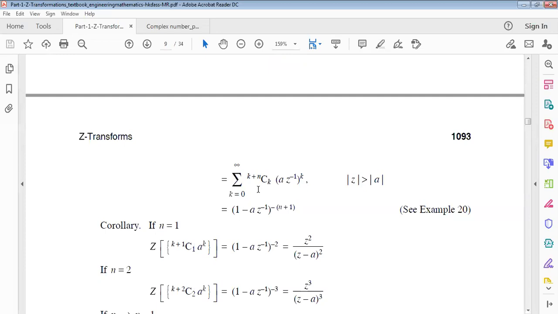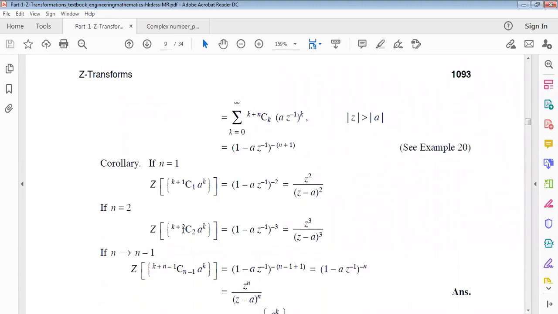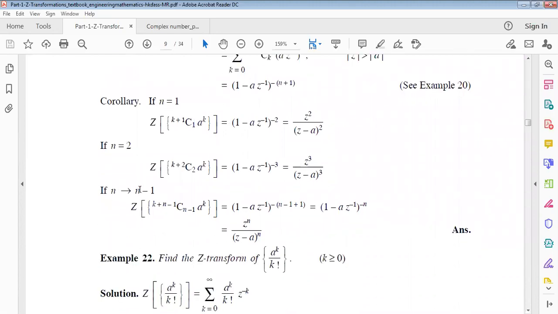Now, this series can be written using the binomial theorem, like the previous example. This series can be written as the binomial expansion of this. Now, if n equals 1, then we get this series, right? If n equals 2, then we get this result. If n equals 3, then we get this result.